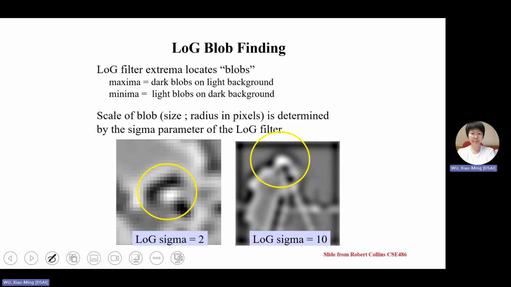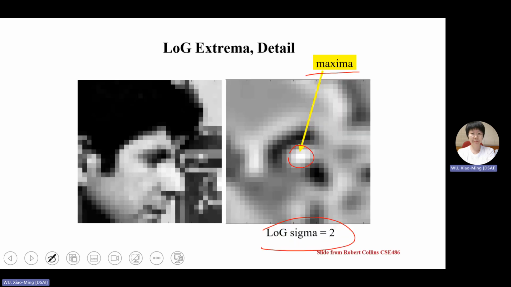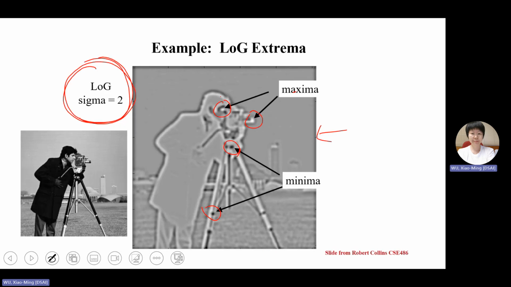When sigma is 10, with a large filter, the maximum point is achieved at this place. When LOG sigma is 2, the maximum point is achieved at the eye region of this person. So the scale is different. With smaller sigma, this helps identify this blob, the eye.